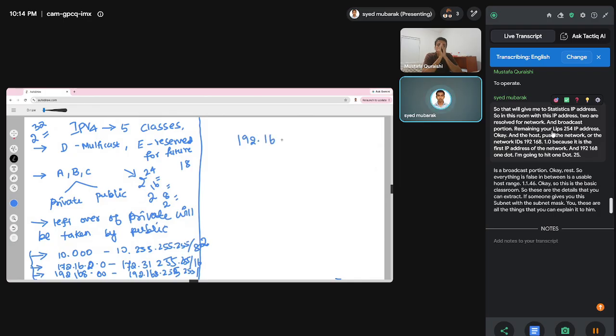Let's take the same example, 1.0/28. Why am I saying classless? It is not a multiple of 8 now. If it was a multiple of 8, it would reserve the whole portion between each dot, or each octet.